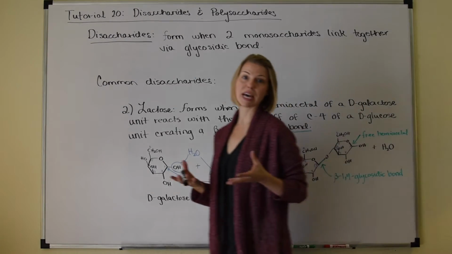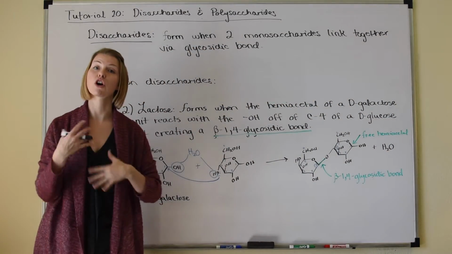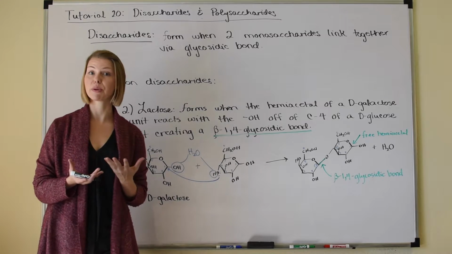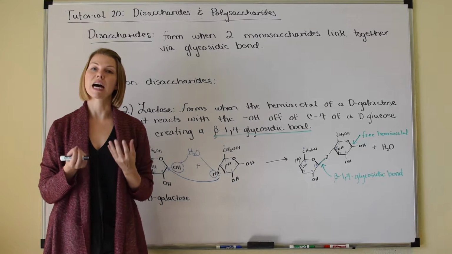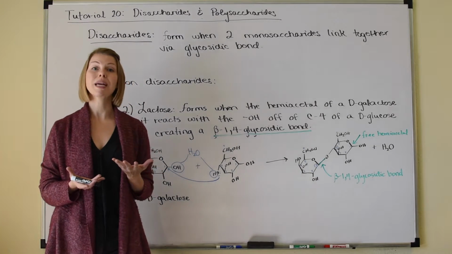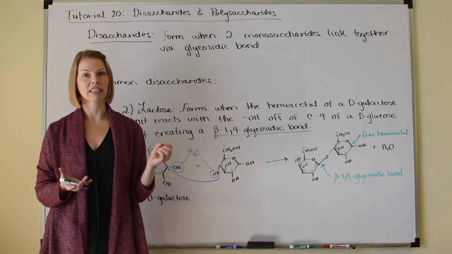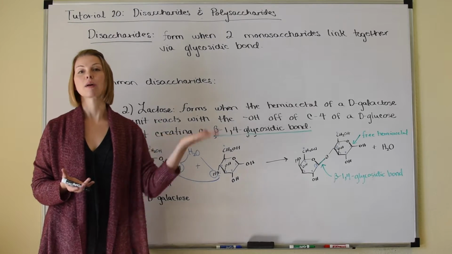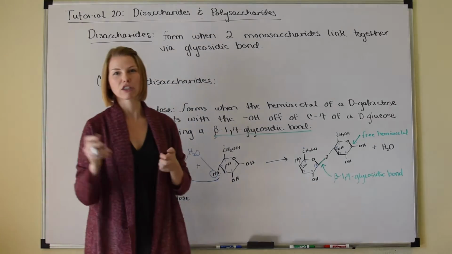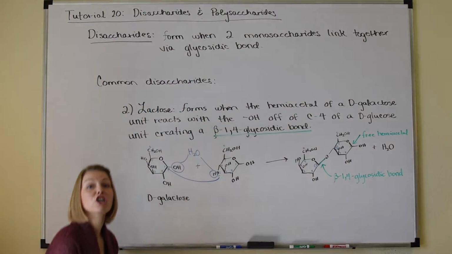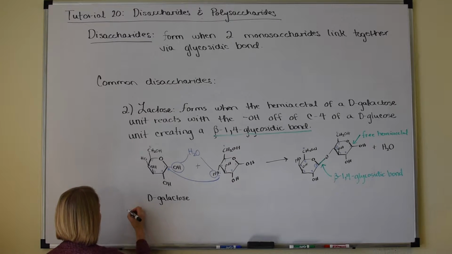Because that free hemiacetal is free to undergo mutarotation in an aqueous solution, that means that when it is in the acyclic form, it does have a free aldehyde. Aldehydes can be oxidized, therefore causing something else to be reduced. So lactose is a reducing sugar. So let me write that down here.